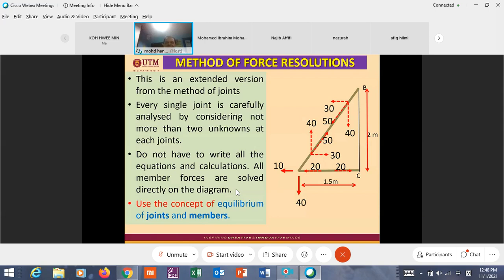But normally in force resolution, we don't have to show 50. Just 30 and 40. 50 is when we need to summarize. Okay. So you understand? Okay.